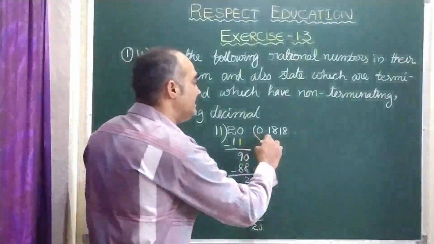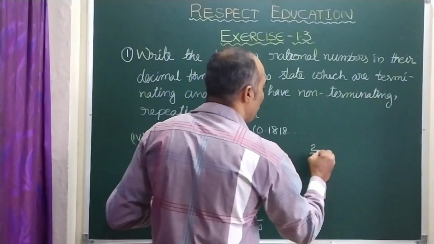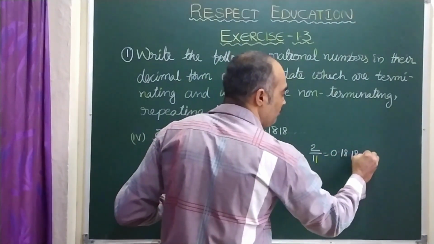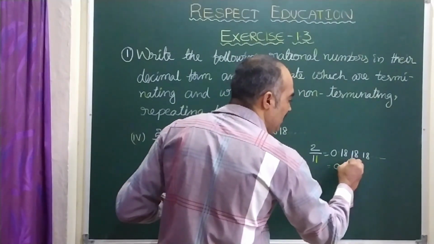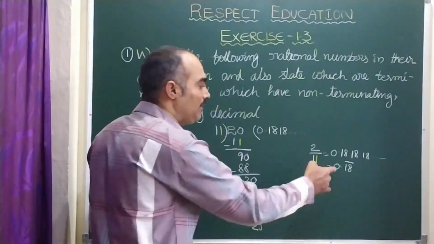So here this kind of decimal expansion, I am writing, children, 2 by 11 can be written as 0.181818, and so on. It can be written as 0.18 bar. That means here 18 is getting repeated. It can be indicated like this.